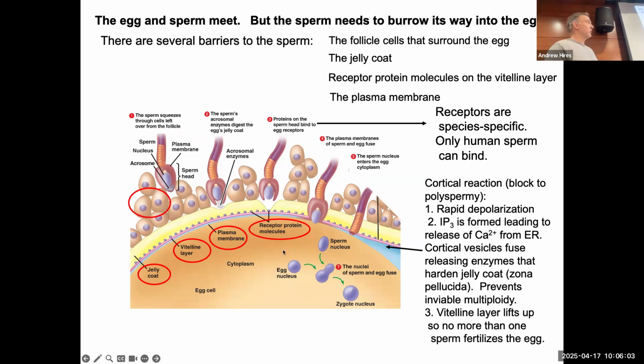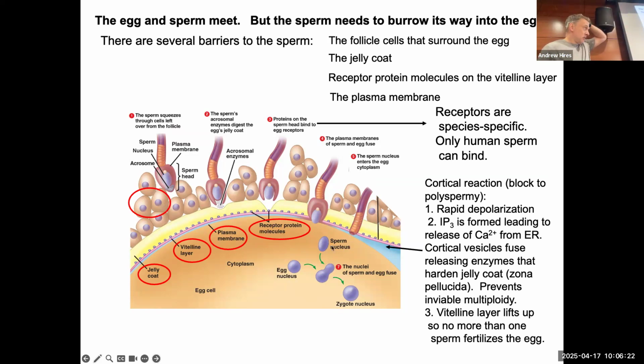That calcium is then going to cause a release of vesicles along the cortex, the outer area of the egg, to fuse here and release enzymes that are going to harden this jelly coat and prevent any other sperm from being able to burrow in.